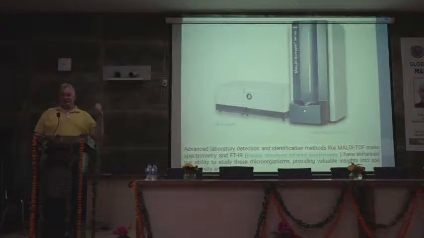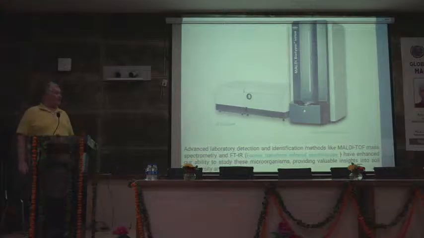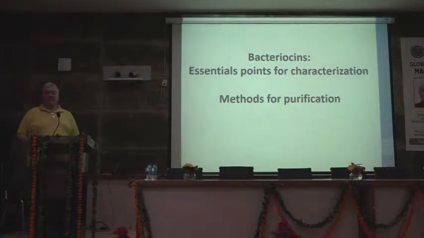But again, even with this identification, I will go for the full genome sequence. Because these days, full genome sequence has become a compulsory point for identification as well. If you want to use the strain as a probiotic or as a starter culture, you need to do the full genome sequence. There is no option. Several agencies, in order to certify your product, ask you to provide the full genome sequence.